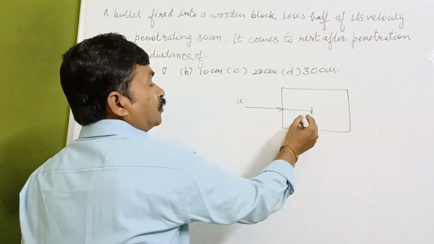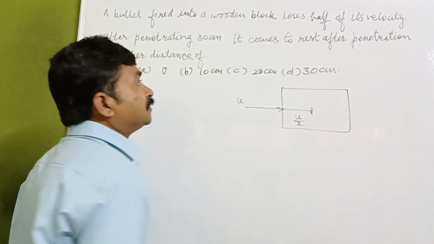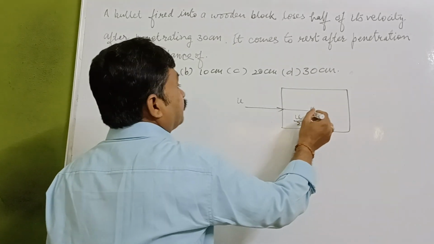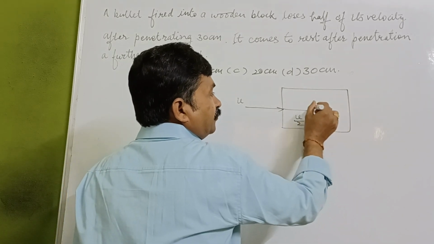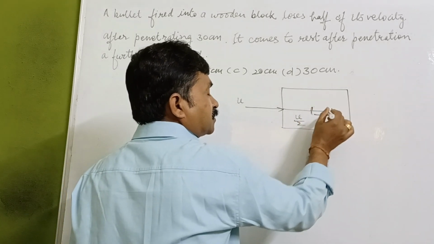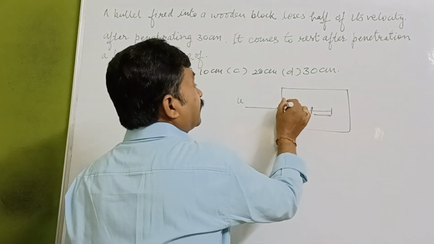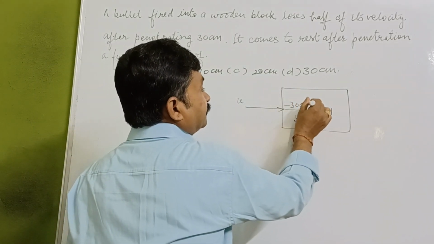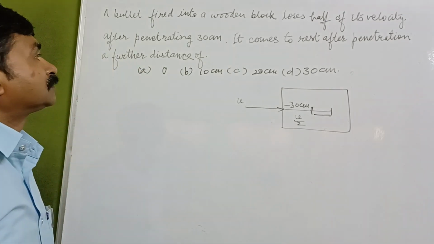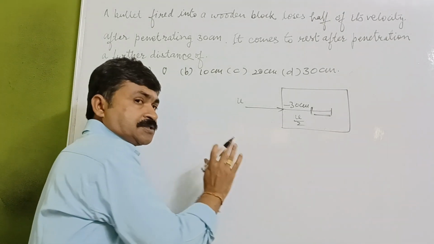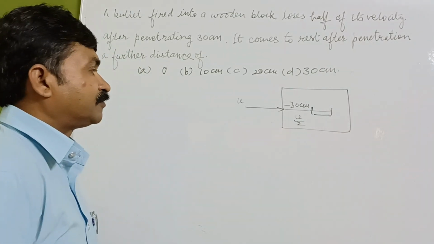So it is u by 2 now, and it comes to rest after penetration of a further distance. We have to calculate this much distance. Here it has penetrated 30 centimeter. Now it is totally based on the equation of motion.